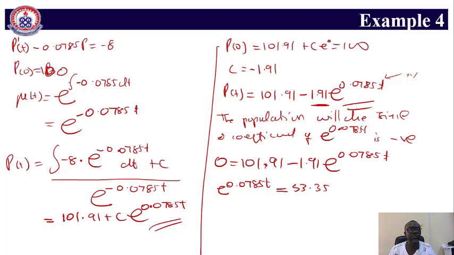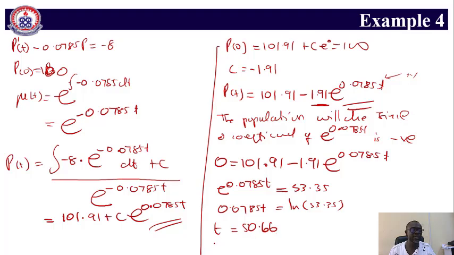We subtract, change this one here, and then divide by 1.91, which gives 53.35. And when we solve it, we take the ln of both sides, that will be 0.0785 t equals ln of 53.35. t is going to give us 50.66.